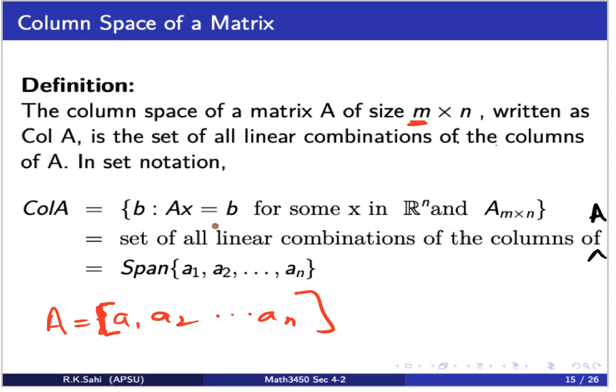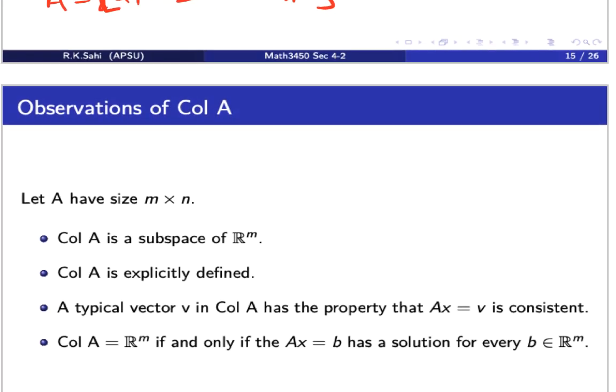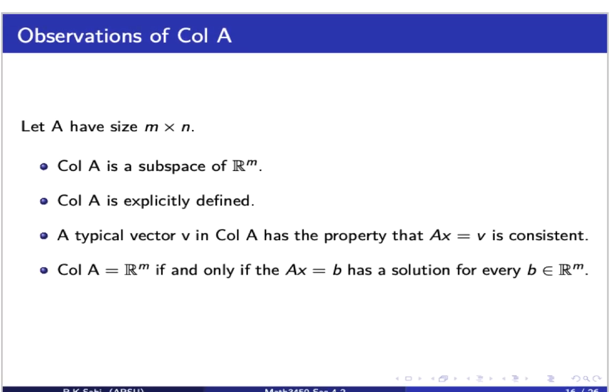So let's look at some observations about the column space of A. If A has a size m by n, and I'm talking of a very general matrix, the column space of A is a subspace of Rm. Remember, what is the column space of A?